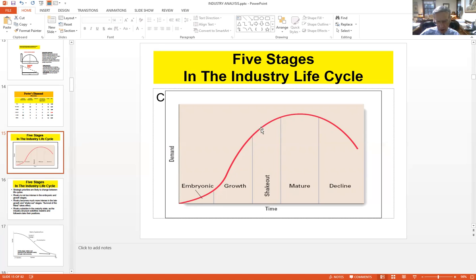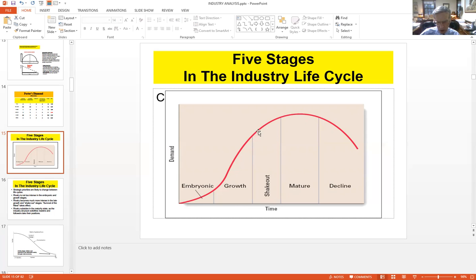What will happen eventually is that we'll approach the maximum potential for this industry. And as we do, weaker companies will fall out because they won't be equipped either based on differentiation or cost or reliability of the product, and they'll fall away.